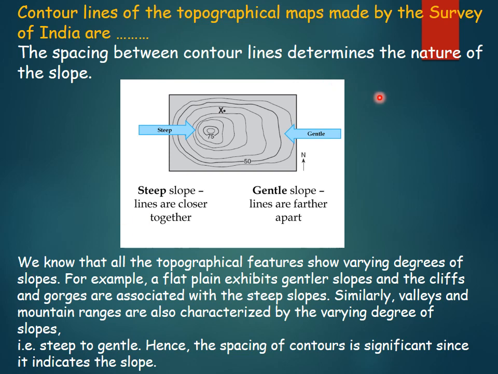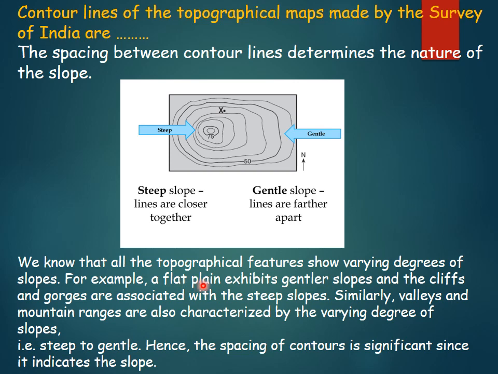Another feature of the contour lines, as I told you in the previous slide, is that the spacing between two contour lines determines the nature of the slope. There are various landforms on the surface of the earth. Now, all landforms do not have the same slope. They show varying degrees of slopes.